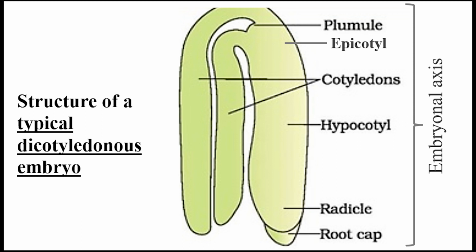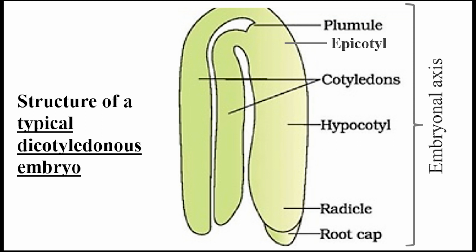The embryonal axis above the level of the cotyledons is called the epicotyl. You can see the epicotyl, which is above the level of the cotyledons, and this terminates with the plumule.